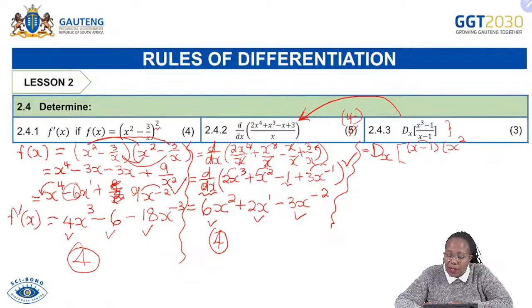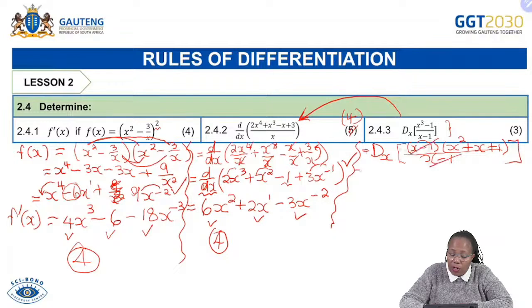Multiply the first by the second, minus x. If it is minus, it will be plus x this side. And then you square the last term, plus 1. That is the method, grade 12, of factorizing a cube. And then all over x minus 1. Now this x minus 1 will cancel the x minus 1. You will be left with x squared plus x plus 1.